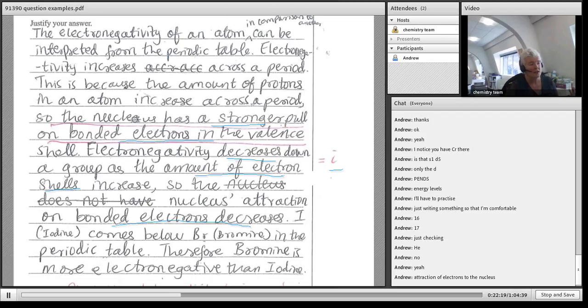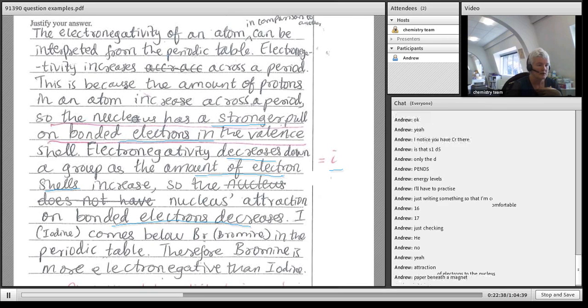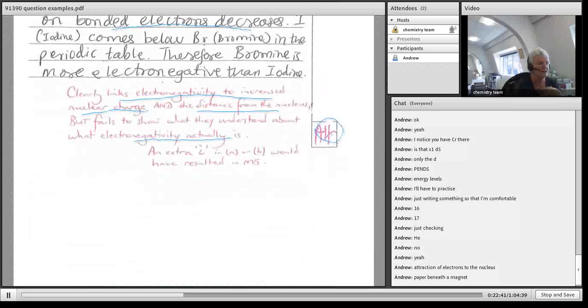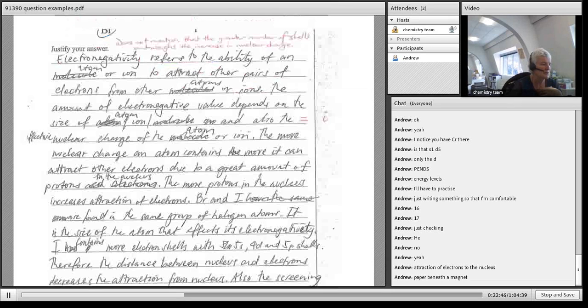And they also haven't said much about shielding. So if they'd just mentioned that, they would have got this up to a comprehensive, they could have got an E7 even for this. Okay, right, it's like a paper beneath a magnet, correct. So that's an example, and let me go down to another one.